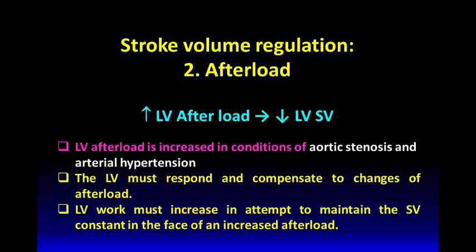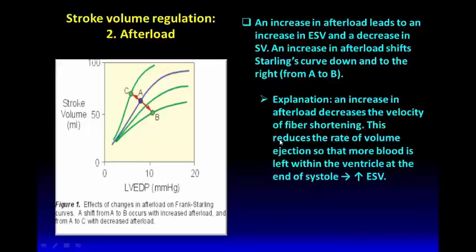So let's now describe in details how an increase in left ventricular afterload results in a decrease in left ventricular stroke volume. Here we have a modified Starling's curve, a modified cardiac function curve, where we have on the x-axis left ventricular end diastolic pressure as an index of preload, and on the y-axis we have stroke volume as usual.